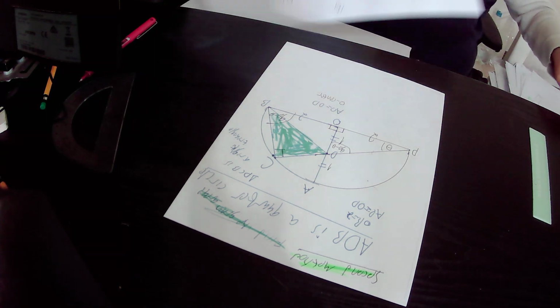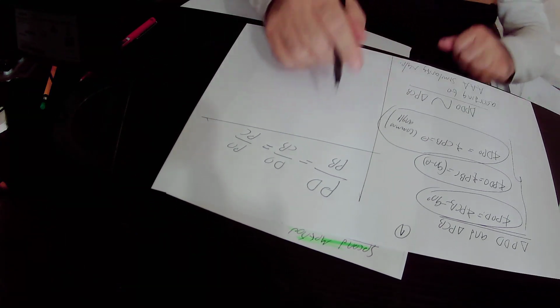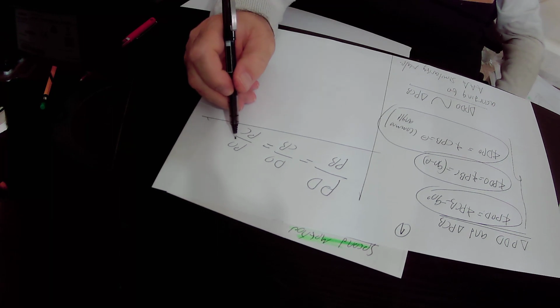I repeat again, from the fact that the two right triangles are similar to each other, we conclude that PD over PB equals DO over CB equals PO over PC.